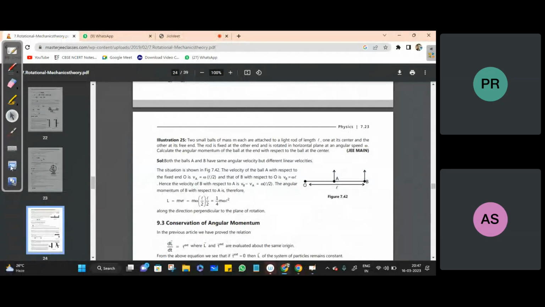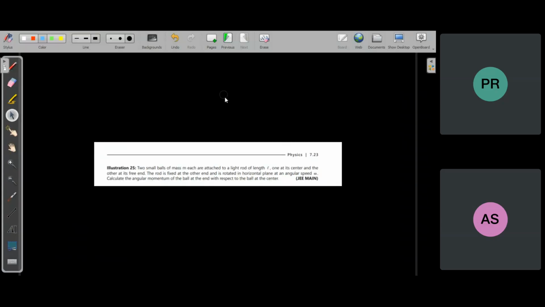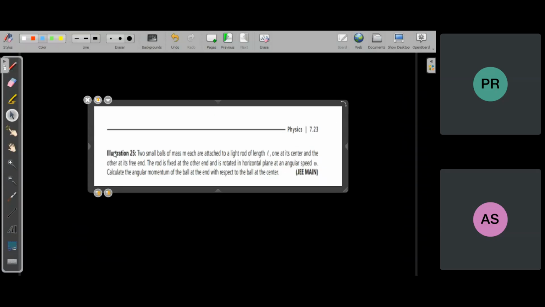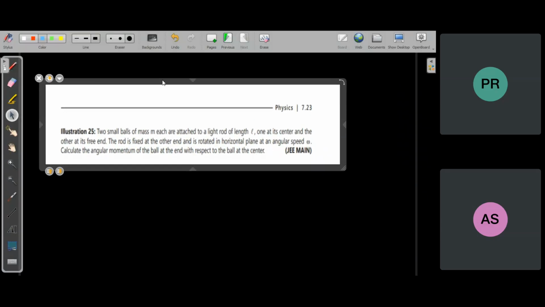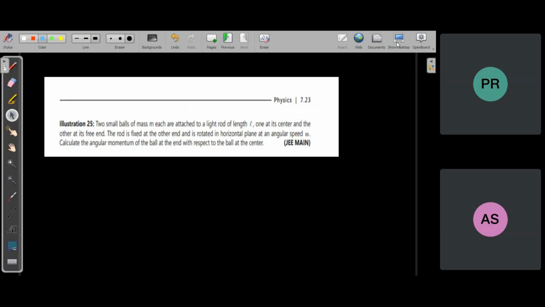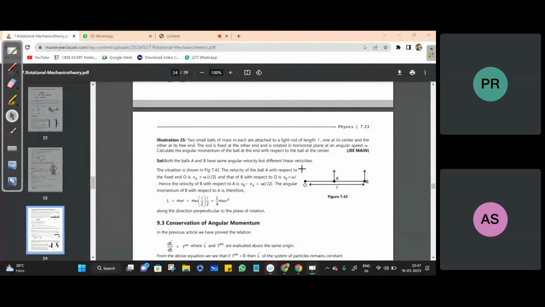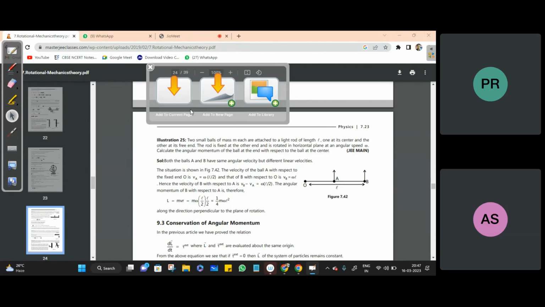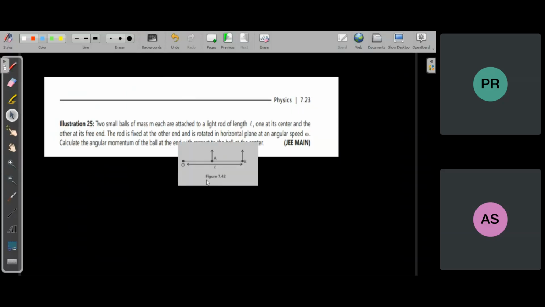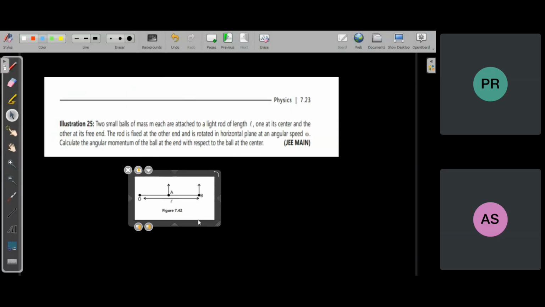Okay. So now you can try this question. This is a simple question asked in the JEE Mains exam. Just do it quickly. I will show you the diagram also. Just do it fast. Just write the equation.